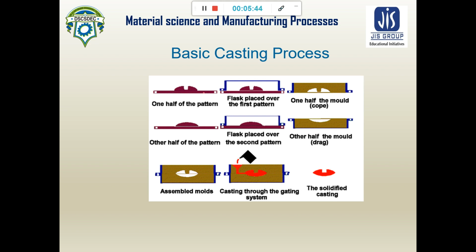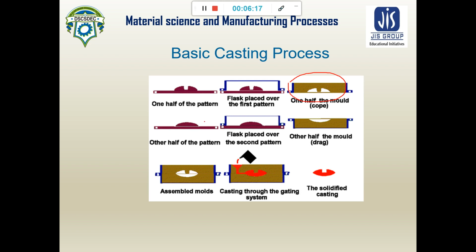This half of the pattern is placed over the flask. The flask, that is our box, is placed over the first pattern, and this box is filled with molding sand, and the sand is rammed. This is our cope plate. This is the cope or upper part, and the lower part is the drag.